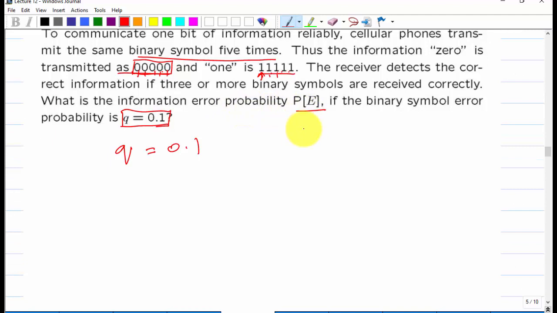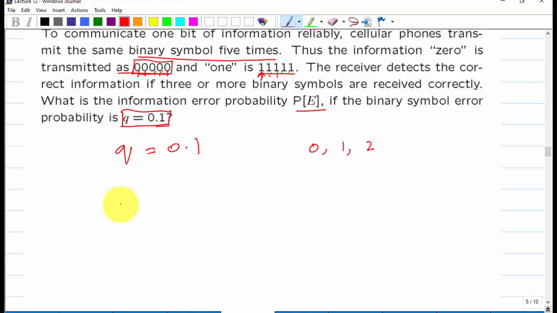So error possibilities are if we have 0 bits, or 1 bit, or 2 bits correct. In other words, we have 5 trials corresponding to the 5 times the binary symbol is sent.